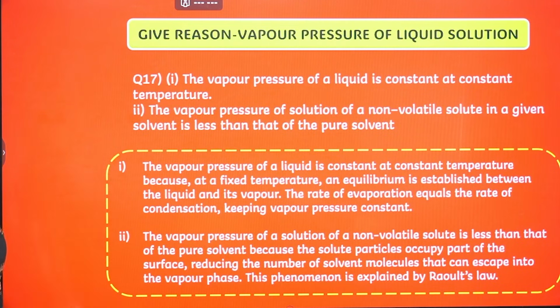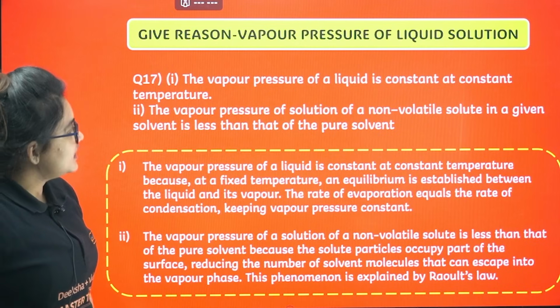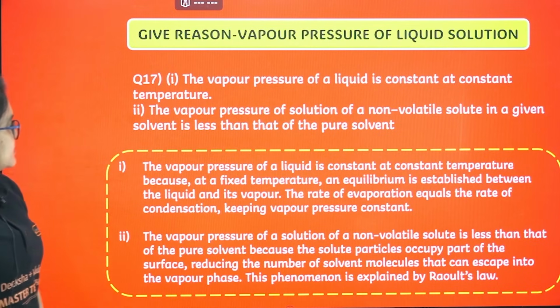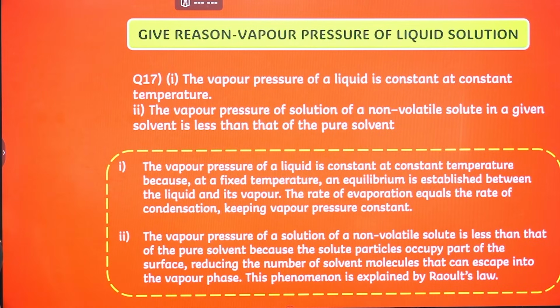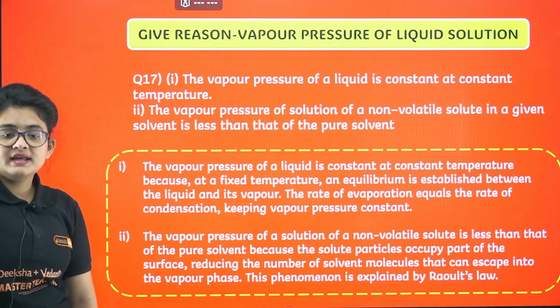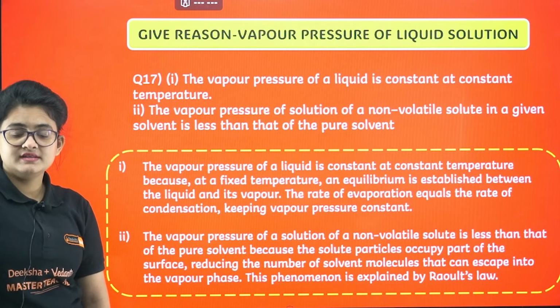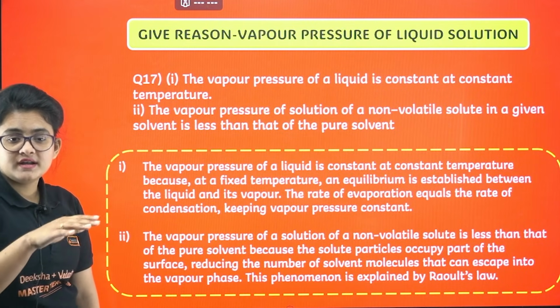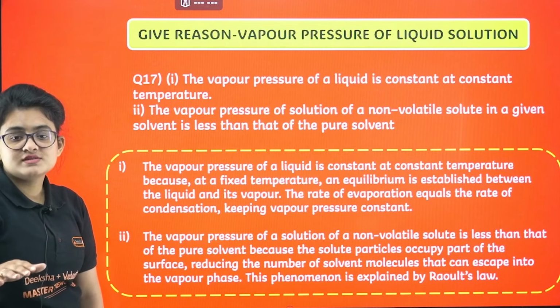Next, the vapor pressure of a solution of a non-volatile solute in a given solvent is less than that of a pure solvent. So what basically happens, whenever you add a non-volatile solute to a volatile solvent, the non-volatile solute molecules get accommodated on the surface of the solvent.